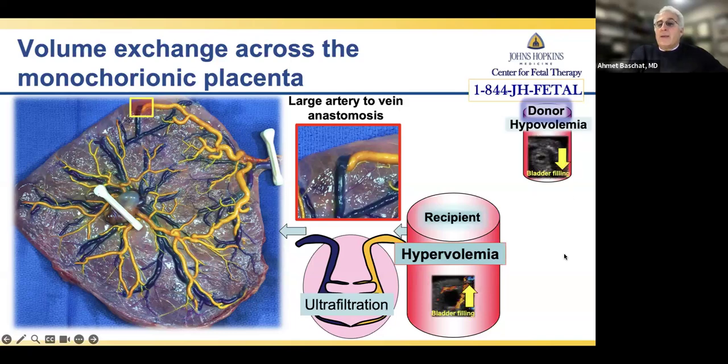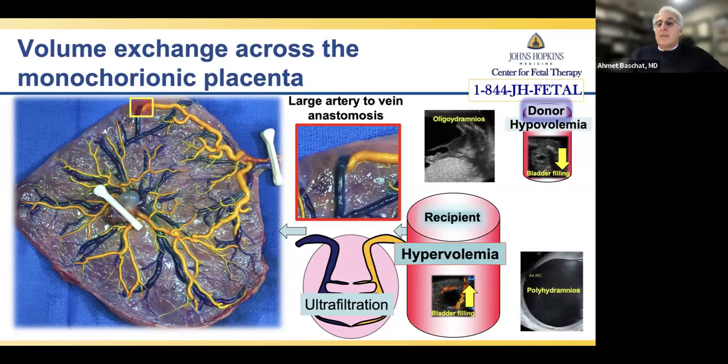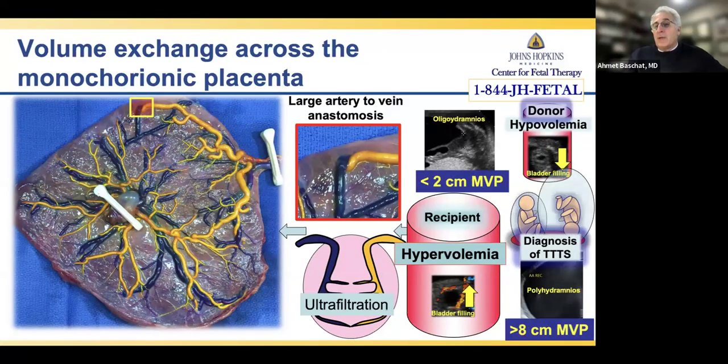The principal findings in a donor are less bladder filling, whereas the recipient urinates more and has more bladder filling, and that ultimately results in decreased amniotic fluid volume in the donor and increased amniotic fluid volume in the recipient twin. Once the fluid is less than 2 centimeters in its maximum vertical pocket in one baby and more than 8 in the other, that meets diagnostic criteria for twin-twin transfusion syndrome.